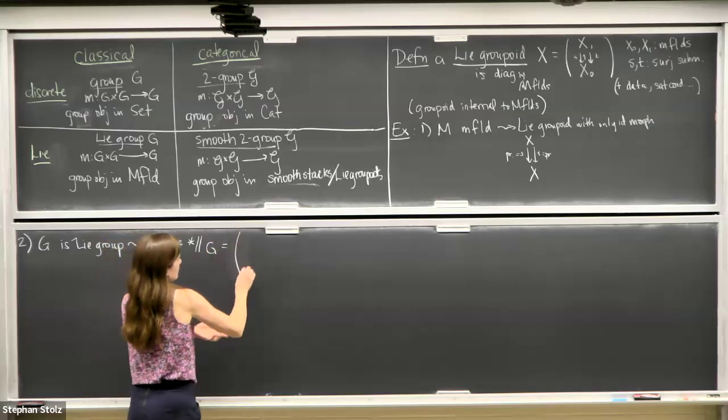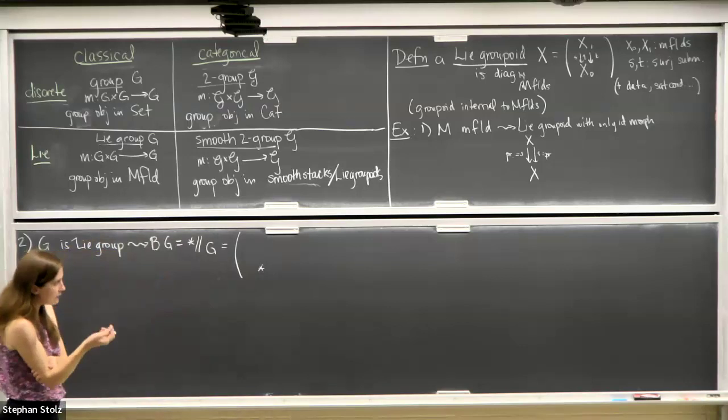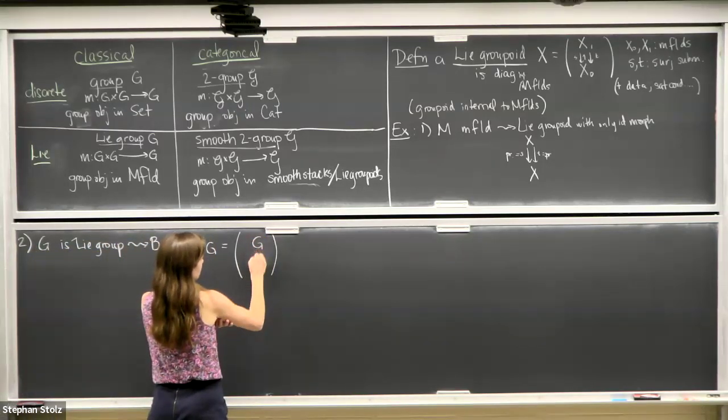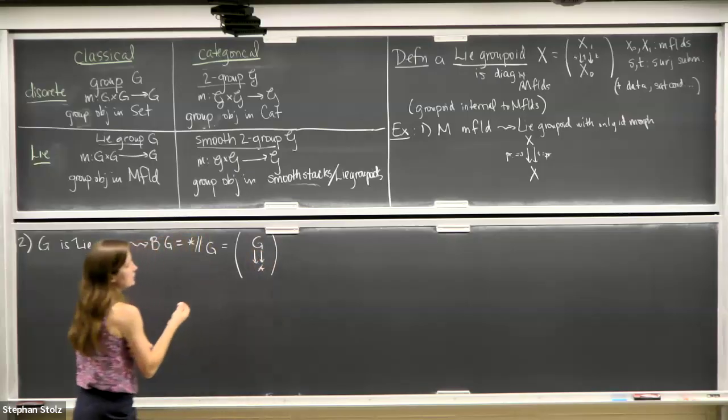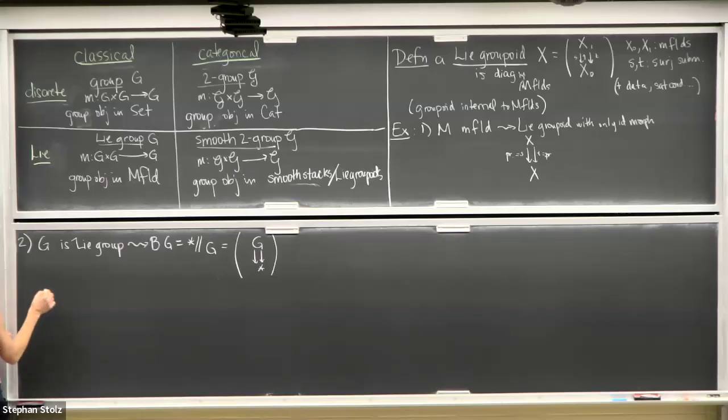This is the Lie groupoid where you have just a single object and G worth of morphisms, with composition given by multiplication in G. The final example, which will come up when we're talking about bundles, is a Čech groupoid.